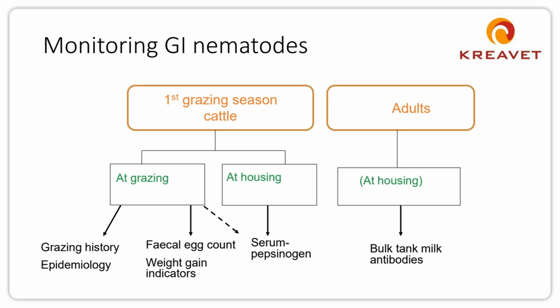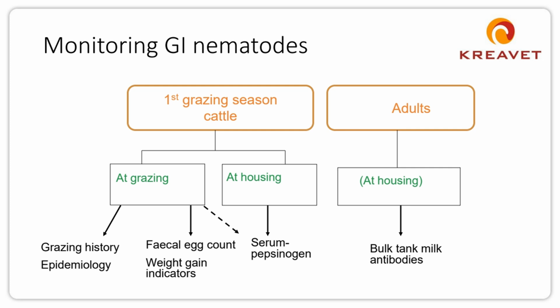And for gastrointestinal nematodes, we use this graph where we differentiate between young animals, especially first grazing season cattle, and adult animals. For first grazing season cattle, it's important to use knowledge of the grazing history and the local epidemiology. It's not a technical, lab diagnosis, but it's very important.